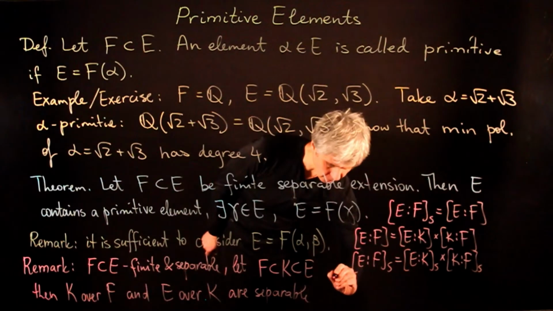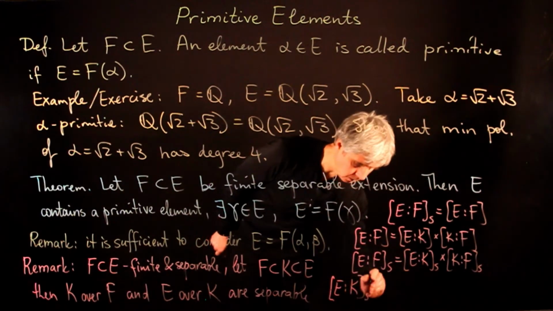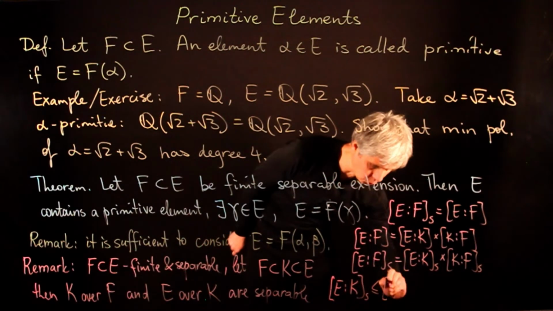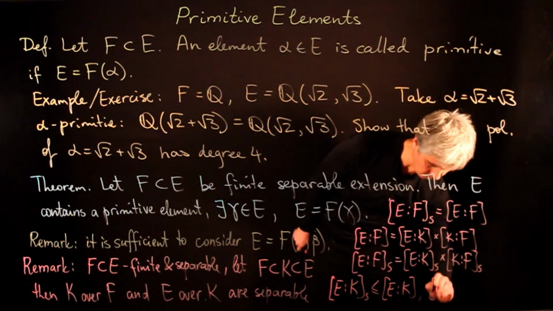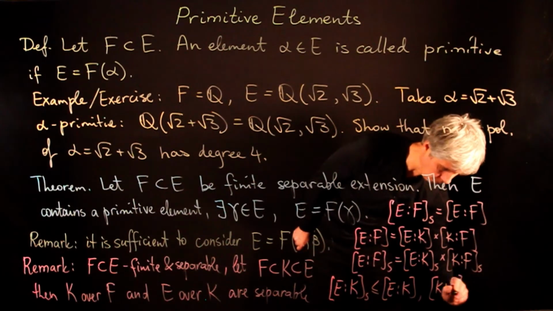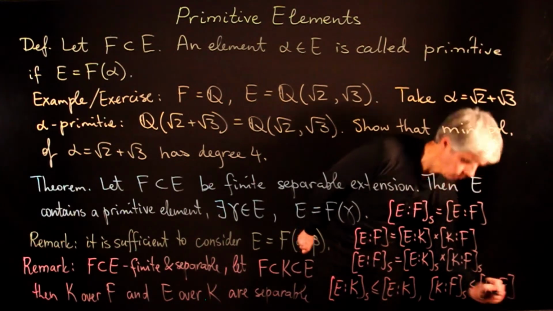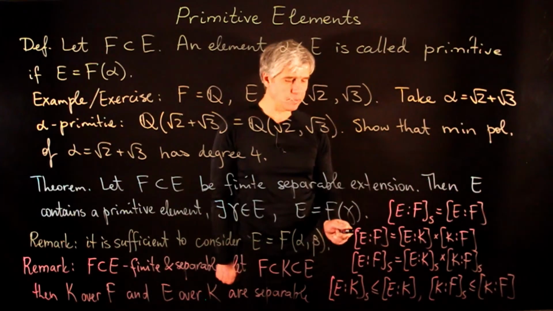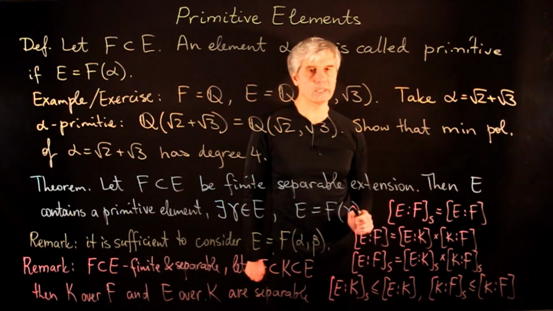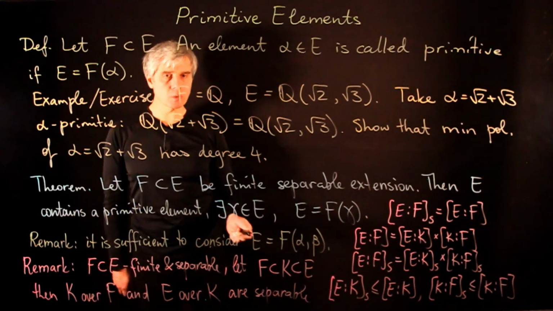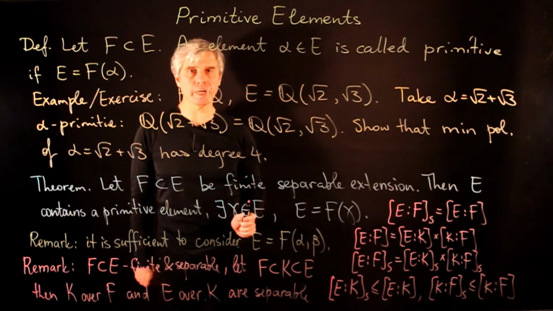We also know that the separable degree does not exceed the usual degree. Then the equality of the left-hand sides in these formulas implies the equality for each factor. This allows us to reduce this theorem to the case when E is generated by two elements over F.